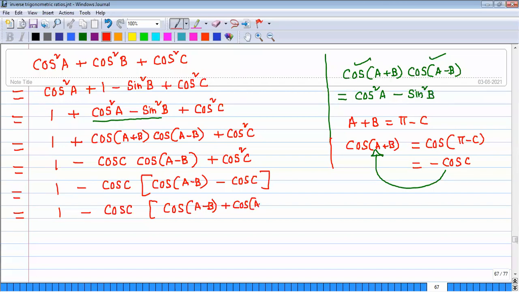Now tell me, what is the formula for cos of A minus B plus cos of A plus B? It's a formula. So please refer to compound angles, all of you.